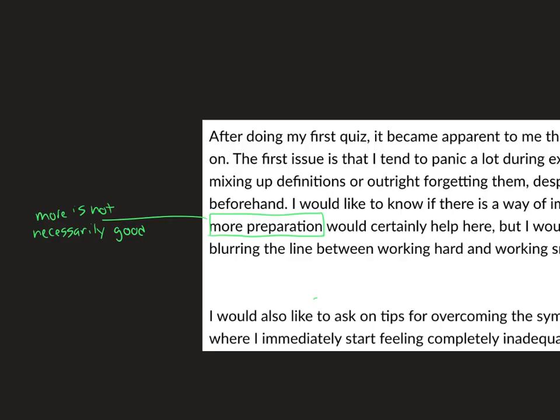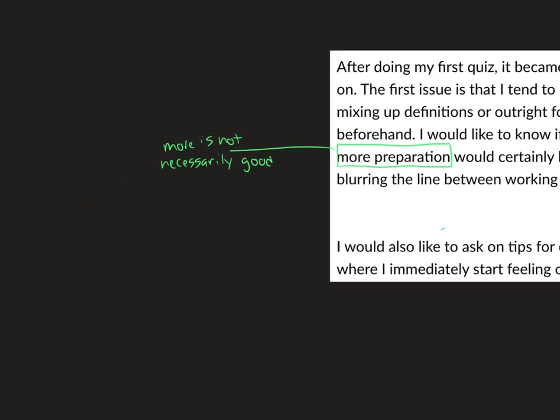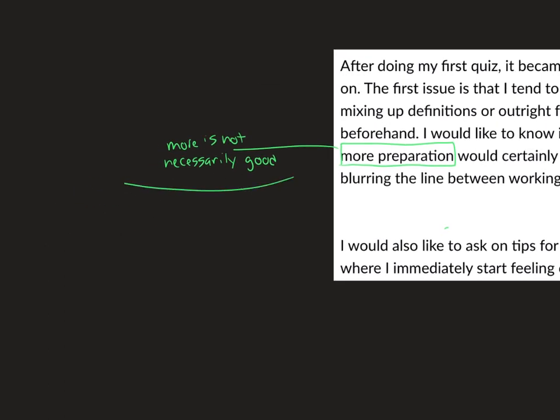So what could better preparation be? There's this thing. Oh, what's it called? If you look it up, there's a bunch of research about it. It's called successive relearning. It's for definitions.